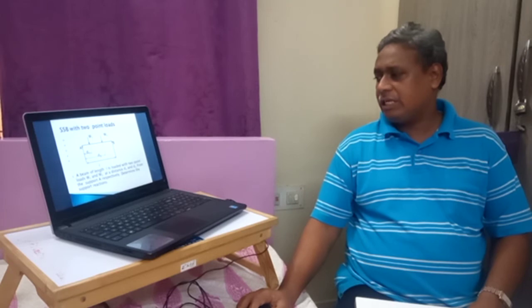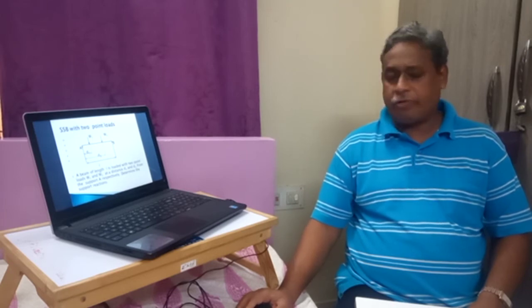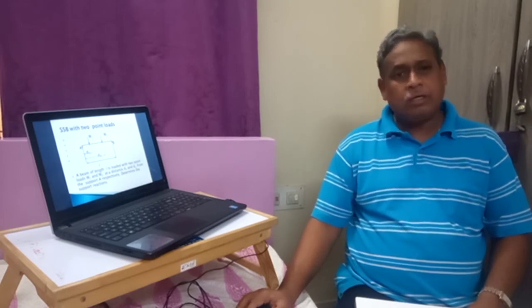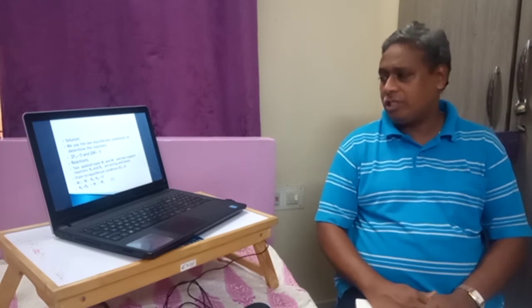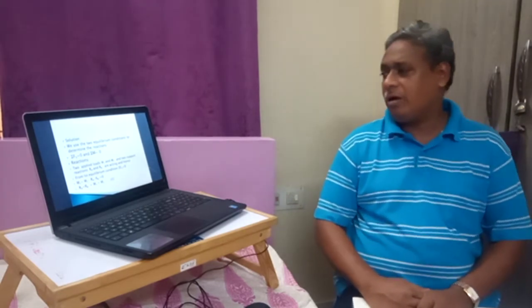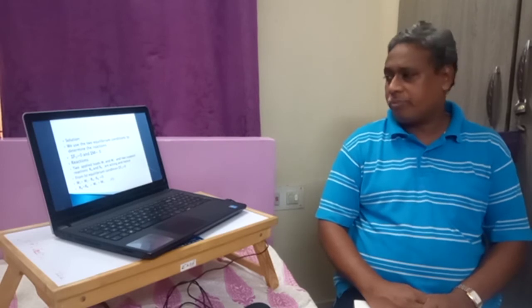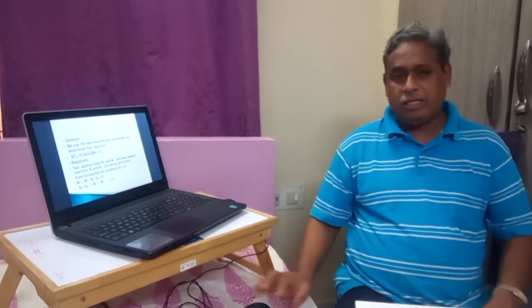The total length is L. Our aim is to determine the reactions at A and B, that is, the 2 supports. Again, we use the 2 equilibrium conditions, that is, sigma Fv is equal to 0 and sigma M is equal to 0. There are 4 forces now, that is, 2 applied forces and 2 reaction forces.